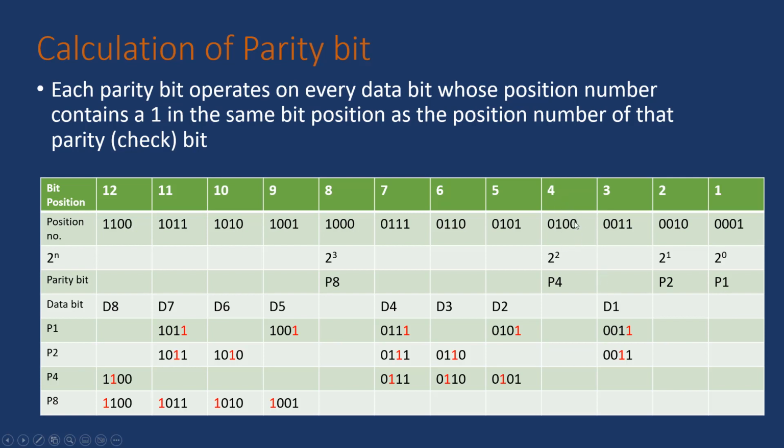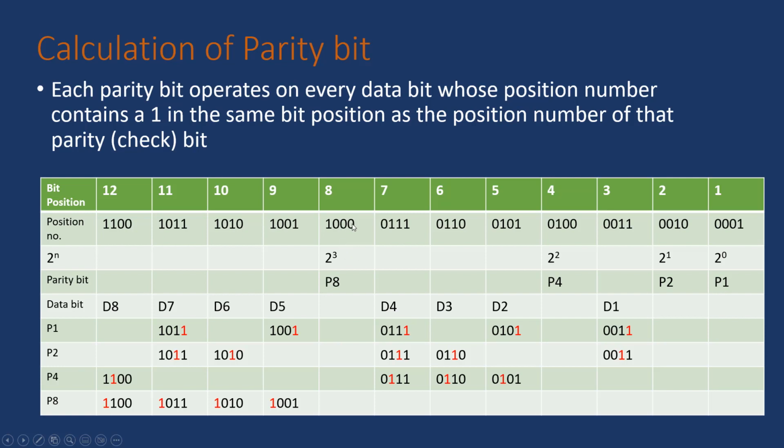Data bit 4 here you see the 0, and that is parity, skip that one. Data bit position 5, the least significant bit is 1. We are going to use this data 1. And 6, this significant position is 0, skip this one. And the 7, the least significant bit is 1, so we are going to calculate data 4.